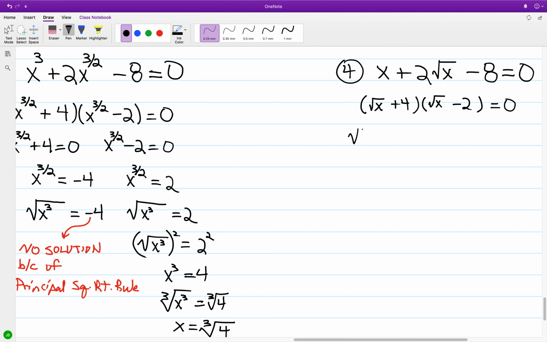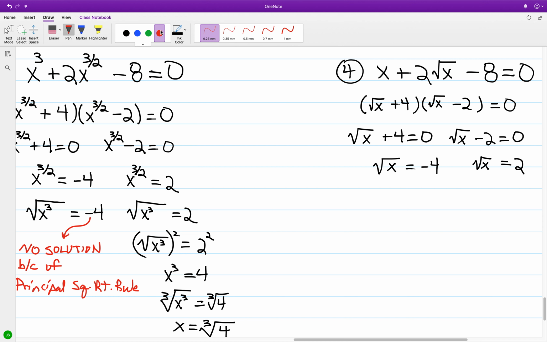So you have the square root of x plus 4 is equal to 0, and applying once again the zero product property, setting the square root of x minus 2 equal to 0. The square root of x is equal to negative 4, and the square root of x is equal to 2.